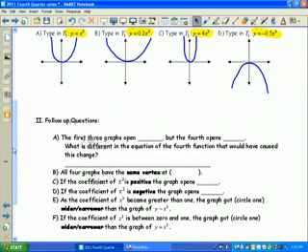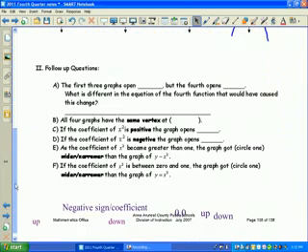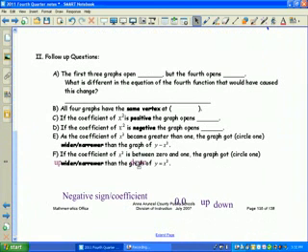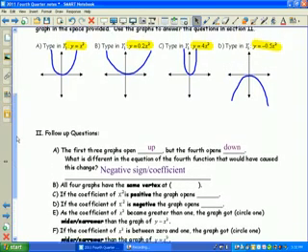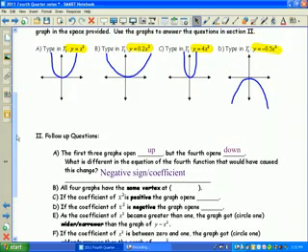The follow-up question was: the first 3 graphs open up, but the 4th opens down. So I've got my up and down. What is the difference in the equation of the 4th function that would have caused this change? It would have been my negative sign, the coefficient.